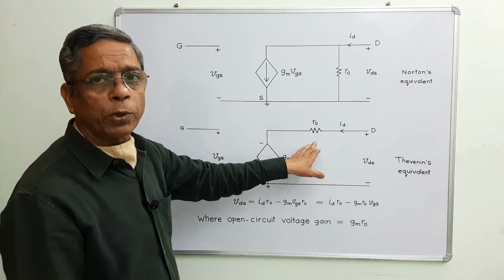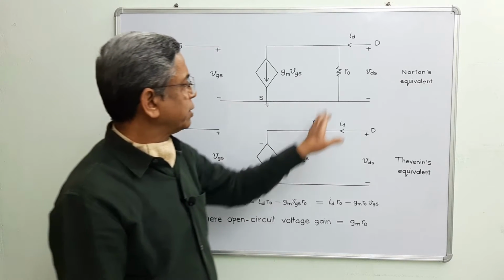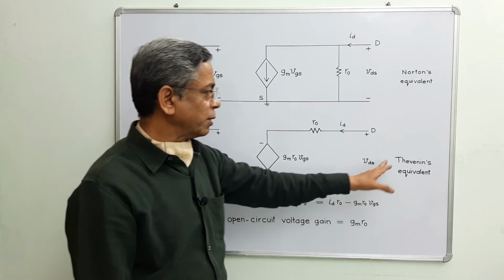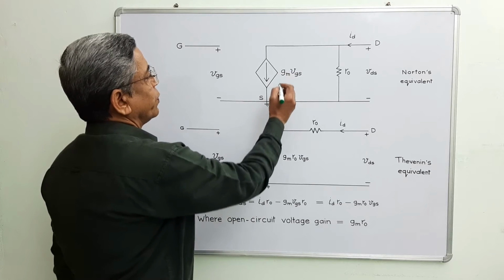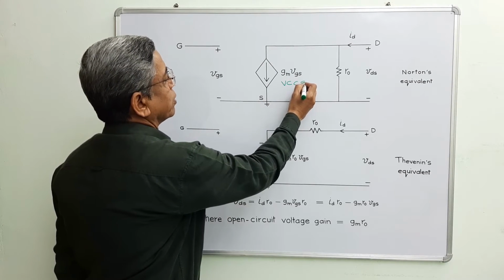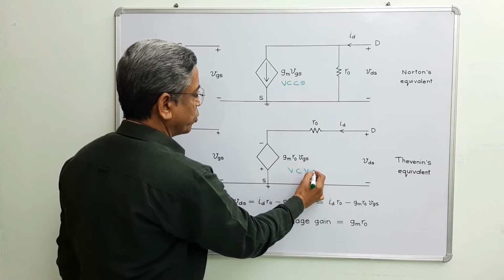Now this output resistance is in series with the voltage source. This structure is called Norton's equivalent and this structure is called Thevenin's equivalent. In both the cases, this is a voltage controlled current source and this is a voltage controlled voltage source.